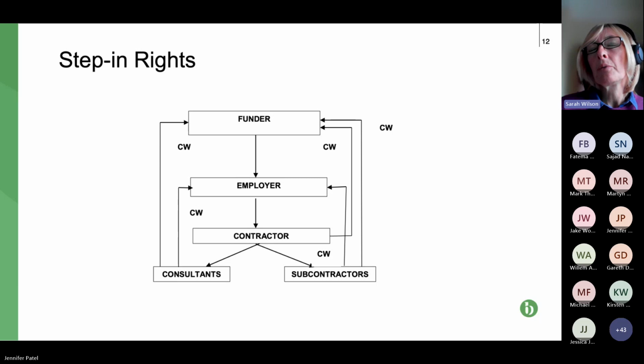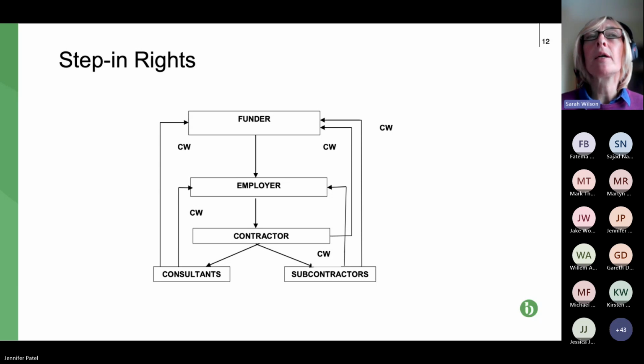The employer would then want to use the collateral warranties to go direct against the subcontractor and the consultants. And if the employer had also gone into liquidation, that's a bad scenario, then the funder would want the right to go against the consultants and the subcontractors. And in a scenario where it's just the employer that's gone into liquidation, the funder would also pursue the contractor. So hopefully that's clear how that works.